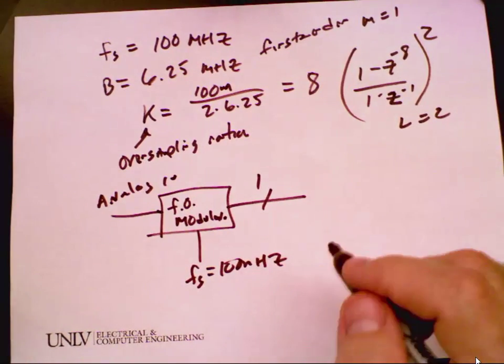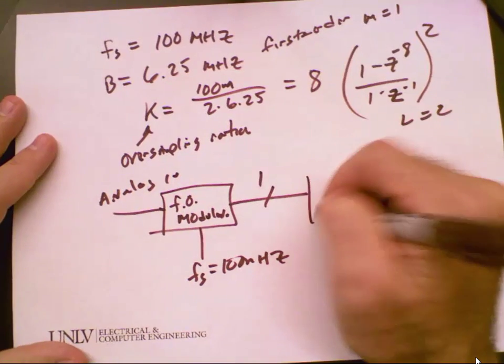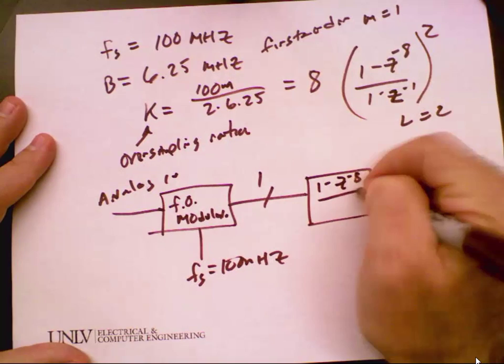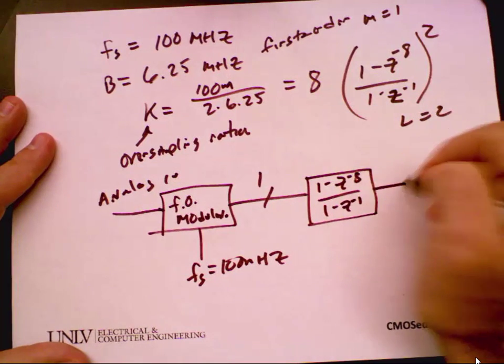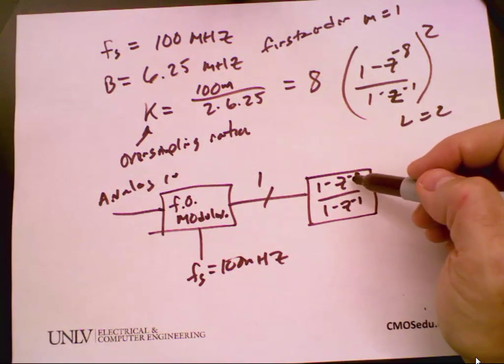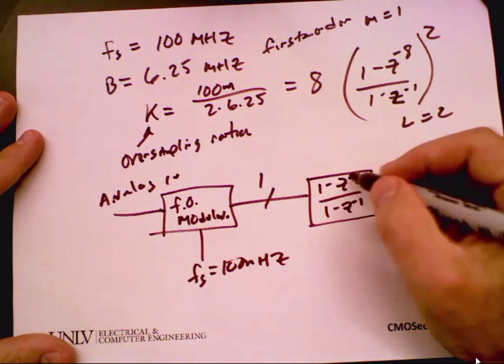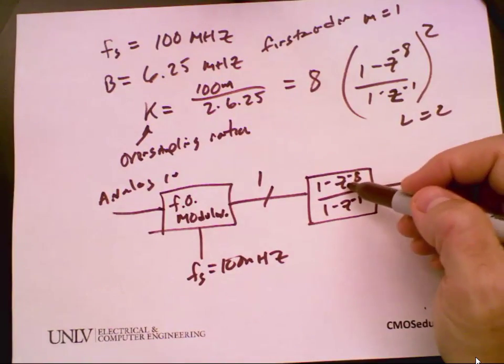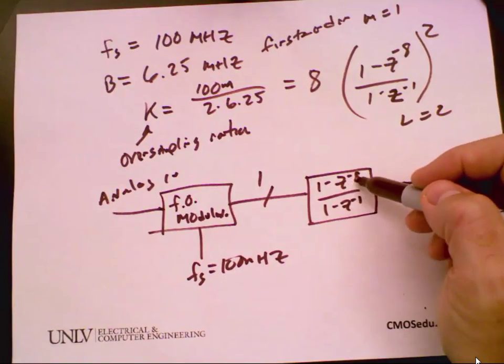This stuff's hard. Then I go to one filter here, which is 1 minus z to the minus 8 over 1 minus z to the minus 1. From filter design, you increase the word size for this filter. How much do you increase it for the comb filter, the 1 minus z to the minus 8?